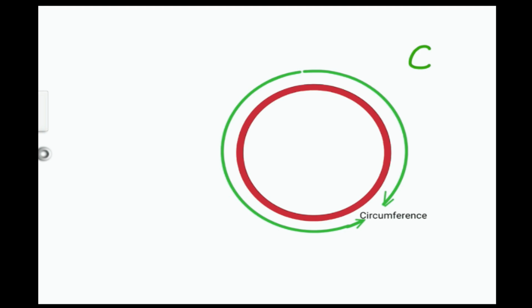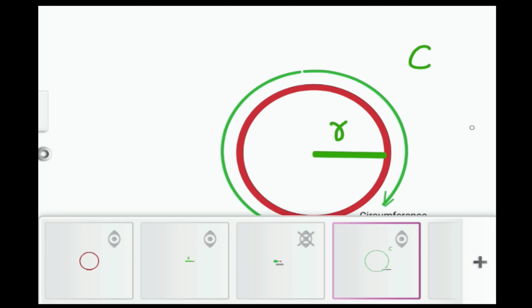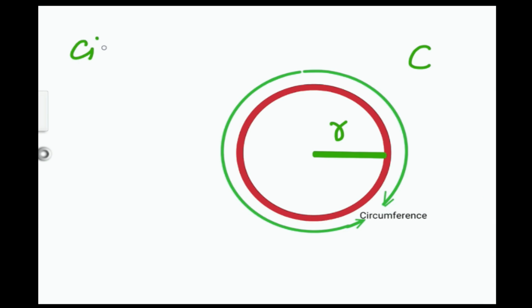So there is a relation between the circumference and radius. Actually, the circumference by radius always remains constant.